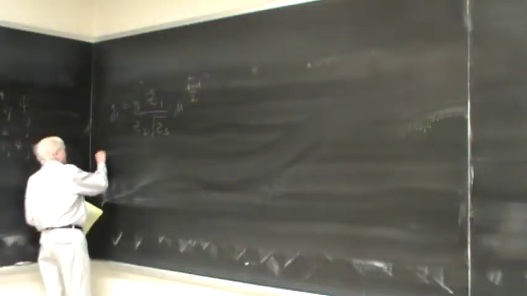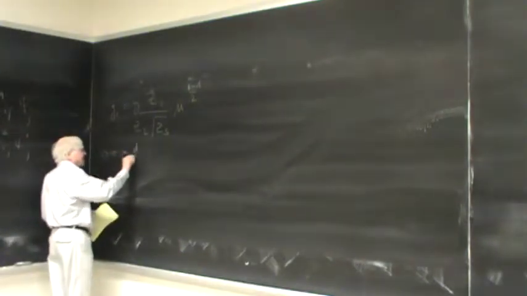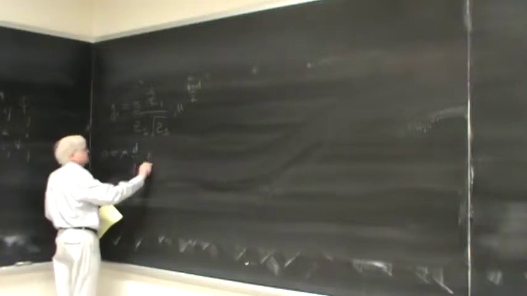Oh, yeah, (4 minus d) over 2. And the idea is that g0 must be mu independent, so we can write d by d mu of g0 equals 0.